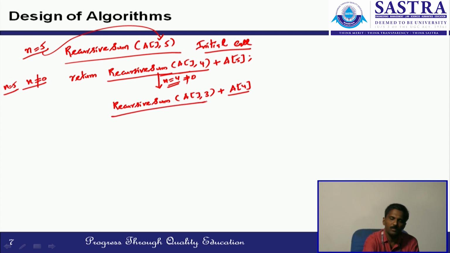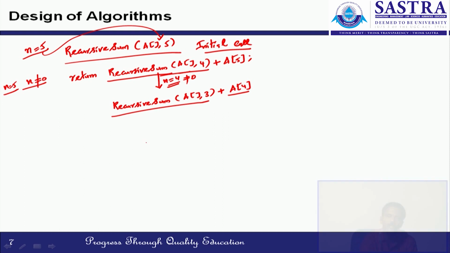Next, this recursive sum A array comma 3, this invokes the same recursion. N becomes 3, 3 is not equal to 0. So this calls the next recursive call, recursive sum A array comma n minus 1, since n is 3, 3 minus 1, 2, plus A3 is separated.